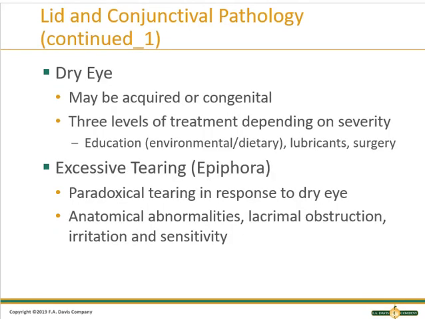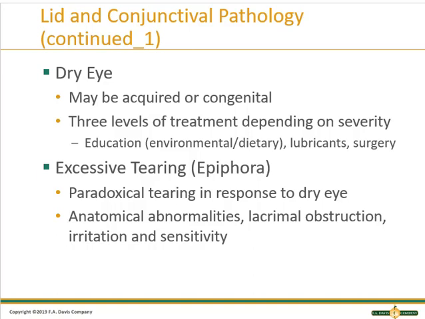Next, let's talk about dry eyes. These can be either congenital or acquired, and acquired may be something systemic like Sjogren's syndrome. It could be related to an infection, or it could be related to some trauma of the facial nerve, such as Bell's palsy. These patients that have chronic dry eyes have an increased activation of the T cells.